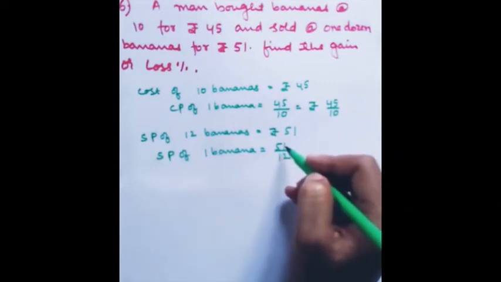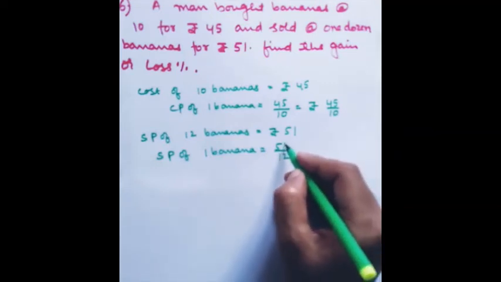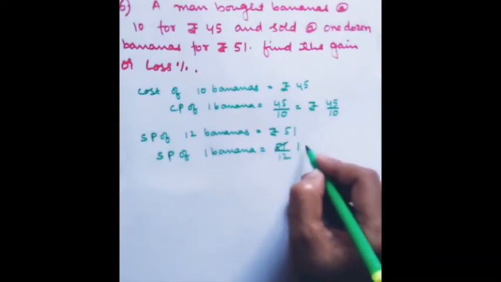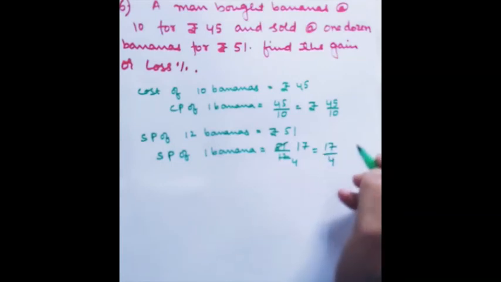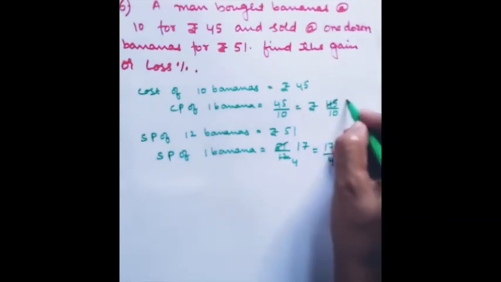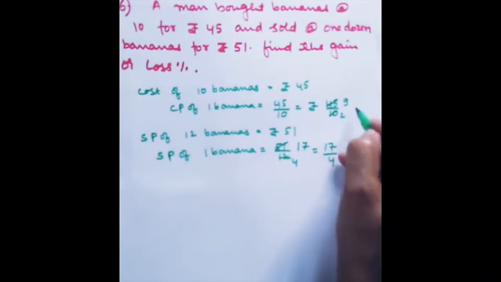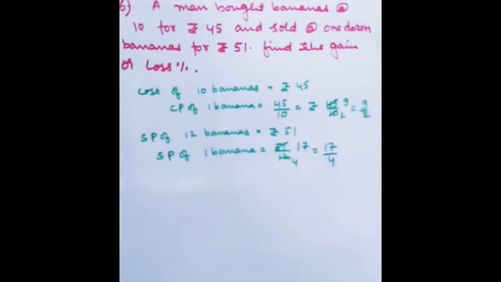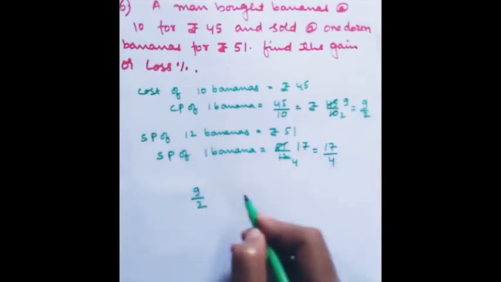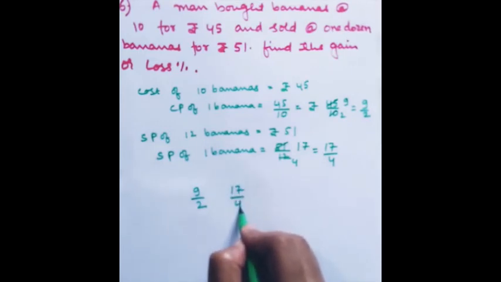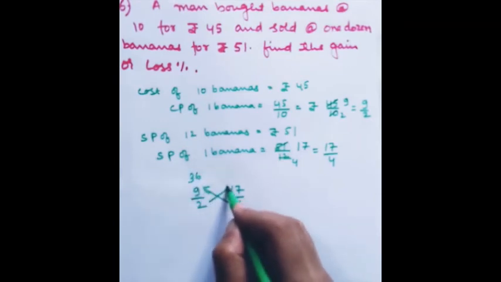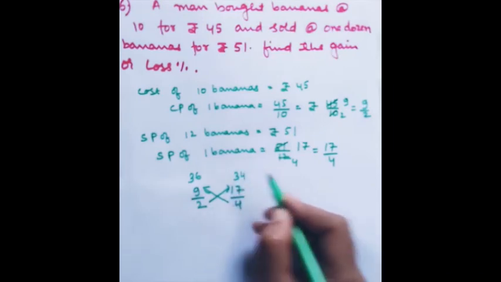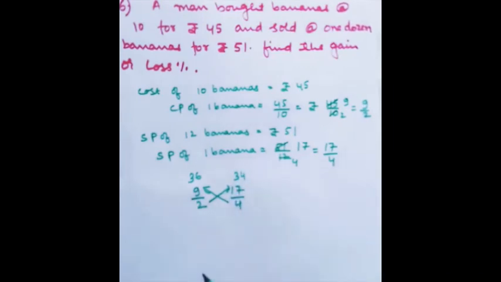These two can be brought into reduced form. 3 ones are 3, 3 sevens are 21 and 3 fours are 12. So 17 by 4 here, and here 5 nines are 45 and 5 twos are 10. So this is 9 by 2. Now see, 9 by 2 and 17 by 4. Which one is greater? Here comes 9 fours are 36 and here 17 twos are 34. So your 9 by 2 is bigger, isn't it?